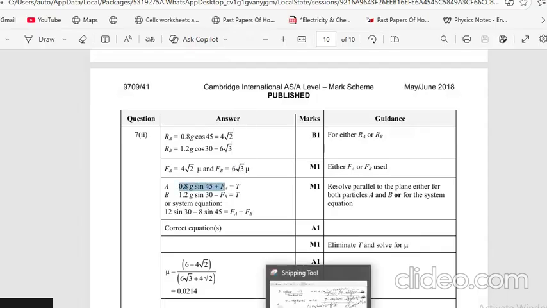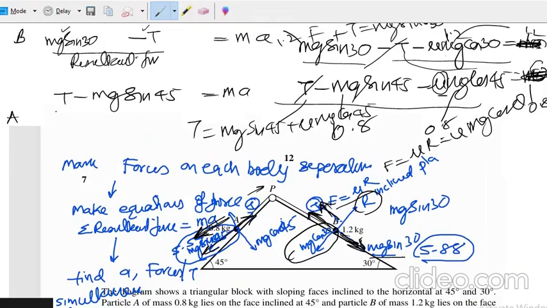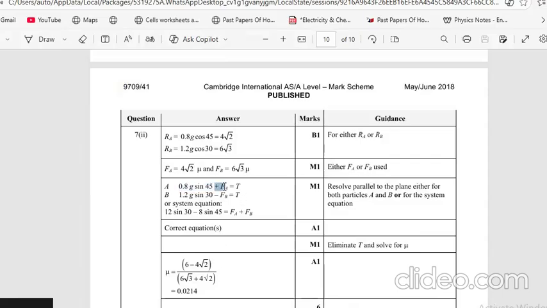No, this was for B. So in one it will be plus F, in one it will be minus F. It is plus here in A, and in terms of B, it is minus, and these are the frictions.